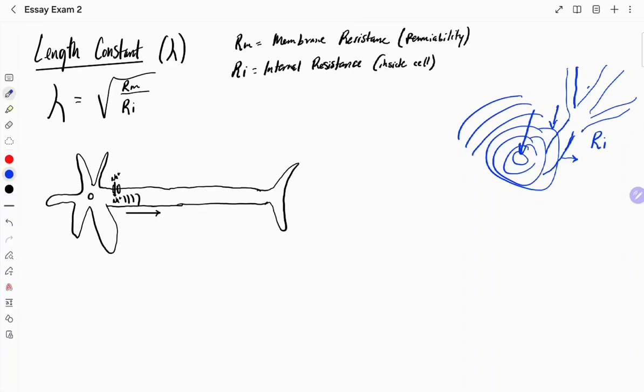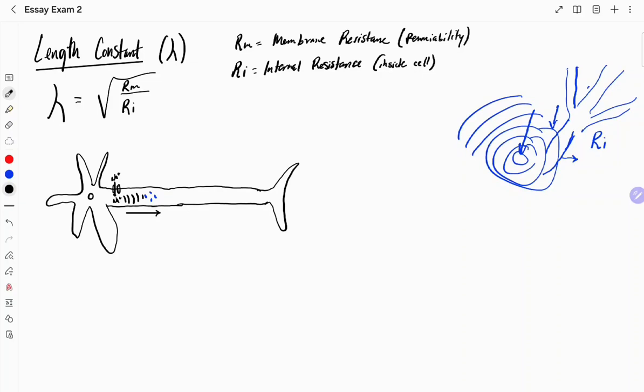In the cell, these are negatively charged proteins or other physical things that are in the way of the signal. So as this signal is traveling down the axon and it meets those proteins or other obstructions in the cell, it's going to decrease the power of this signal. That is internal resistance.